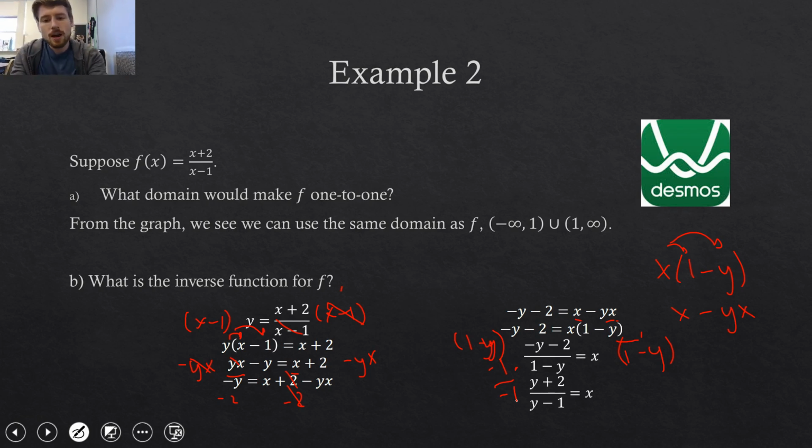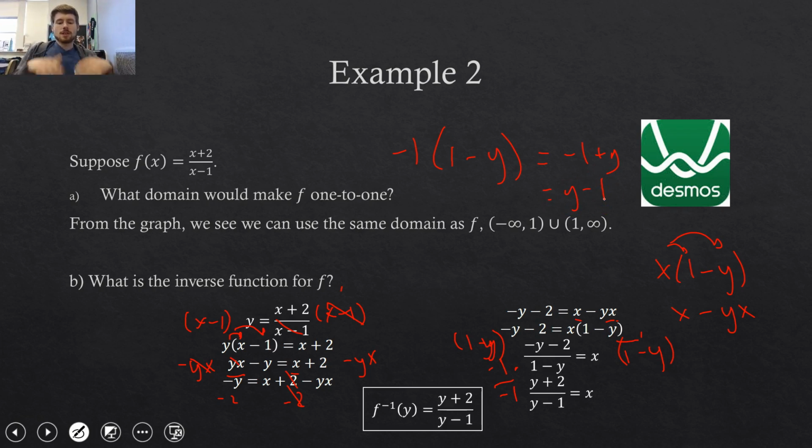Because when you multiply 1 minus y by -1, you end up getting -1 plus y, which you can reorder as y minus 1. So there's our final answer for the inverse function. f inverse of y is y plus 2 over y minus 1.